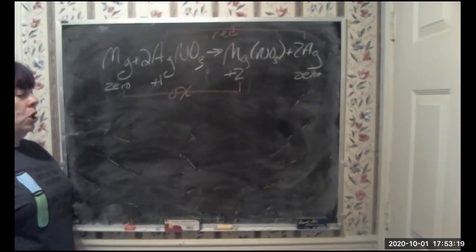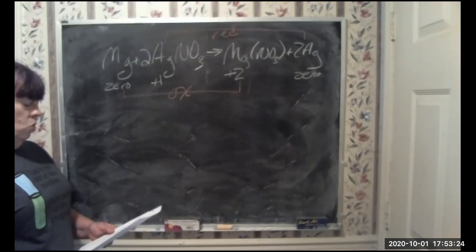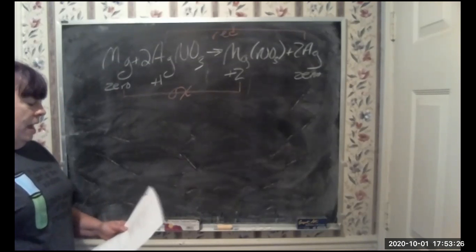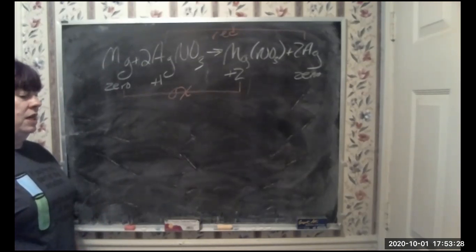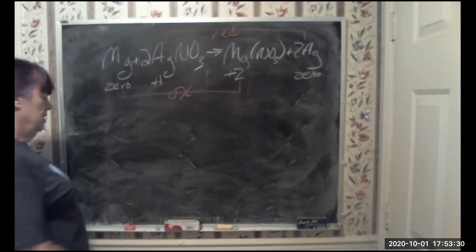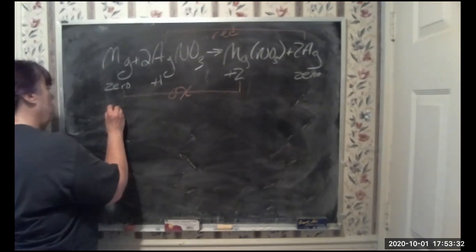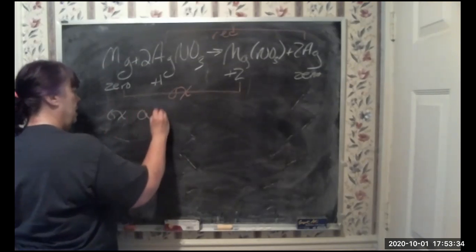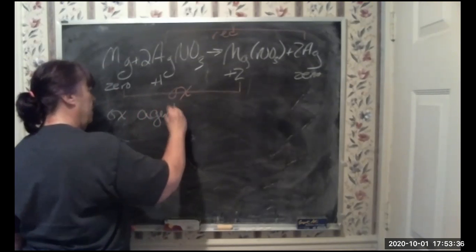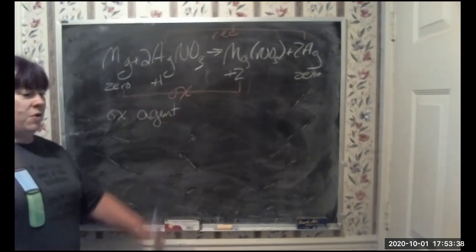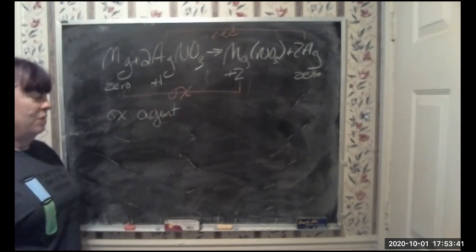We need a couple more terms here. In addition to the terms oxidation or oxidized and reduced, we also need agents. All right, so if you have an oxidizing agent, think of it like tickets. Granted, nobody's going to concerts right now, but we all kind of know the idea.